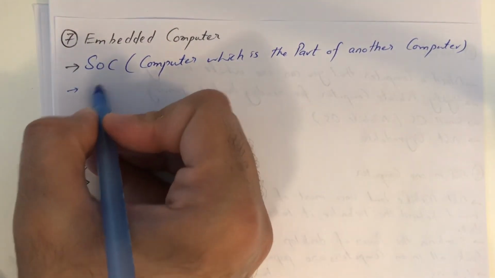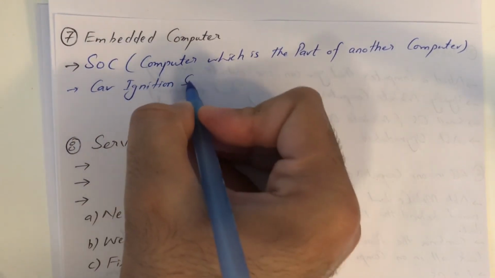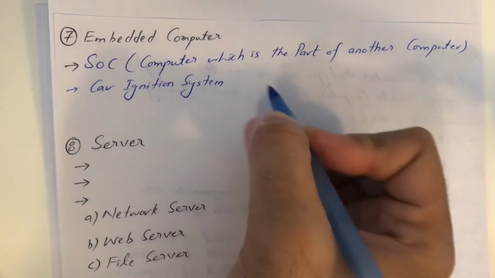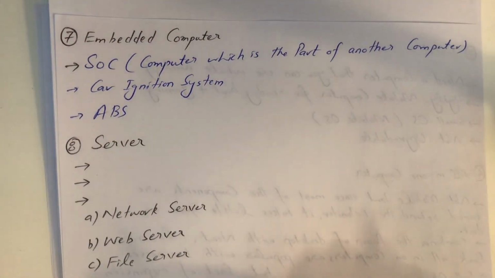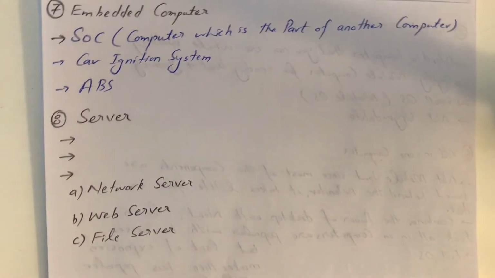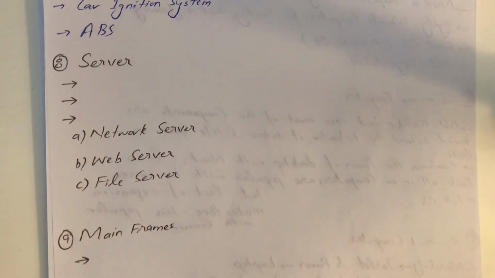For example, your car ignition system, which is part of the main computer of your car, the anti-lock braking system, ABS, stuff like that, maybe a watch. All these are basically a system on chip. That's the exact definition of an embedded computer.